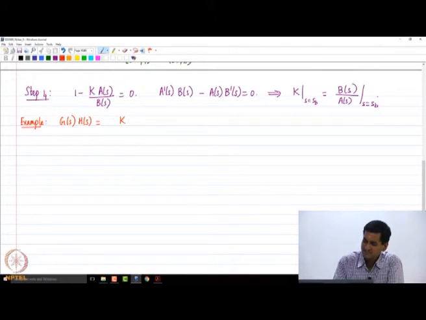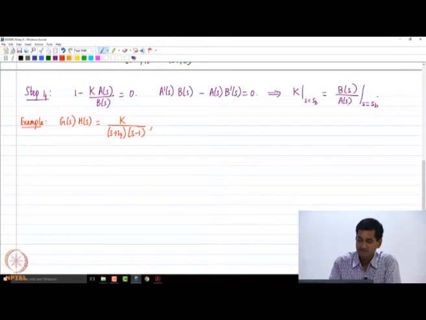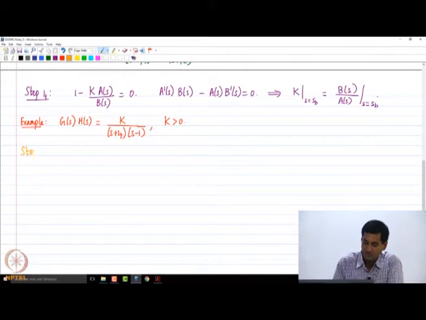So I think the first exercise that we considered was the open loop transfer function was k divided by s plus 4 times s minus 1, am I correct? Right, with k greater than 0. Was it right? Correct? Okay. So let's do all the steps in the construction of the root locus. So the first step remains the same. So there are 2 open loop poles, no open loop zeros.